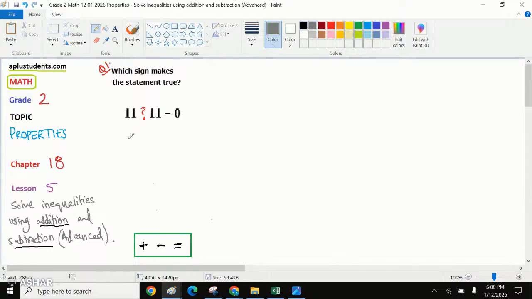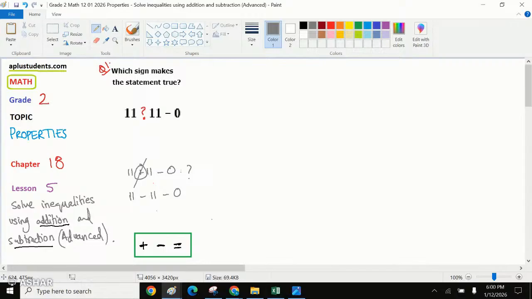So if I would say 11 plus 11 minus 0, this statement does not make any sense, because we do not have anything equal over here, right? So we cannot say that this is a plus sign. But can we say 11 minus 11 minus 0?